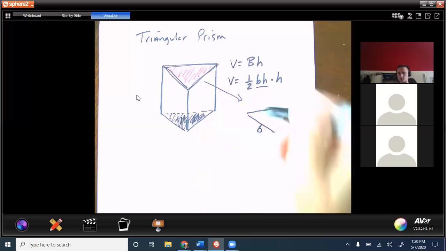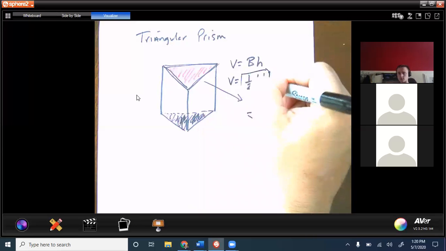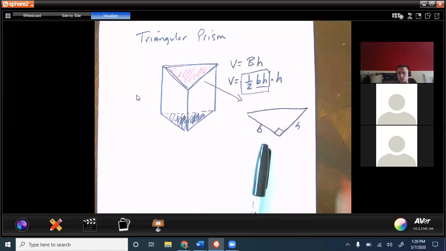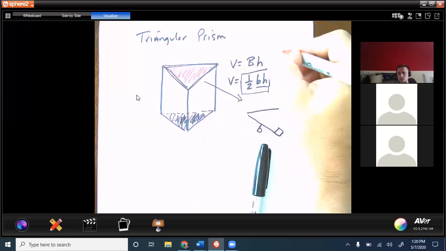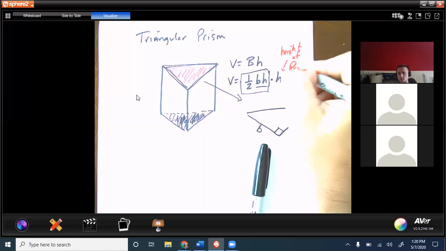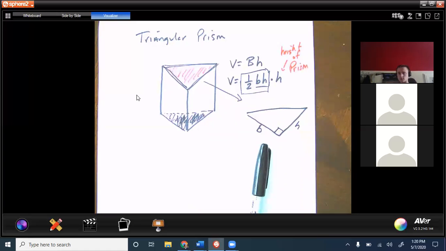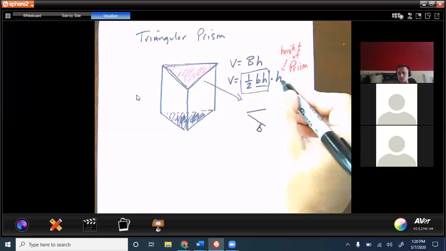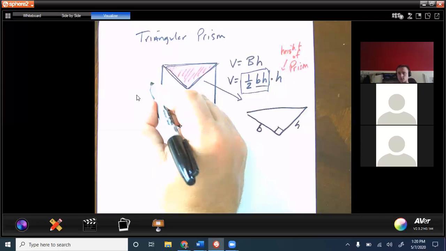And then once we know the area of the triangle, we multiply that by this h right here, which is the height of the prism. Okay, so this is the height of the triangle, and this is the height of the prism. That would be over here.